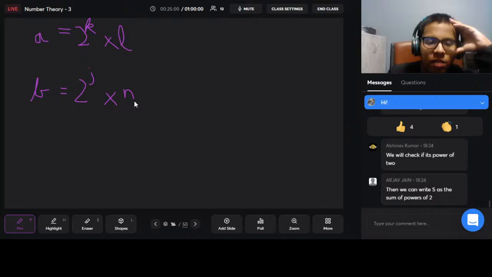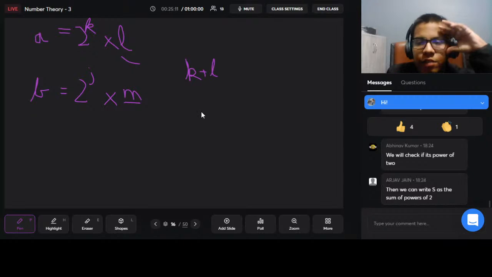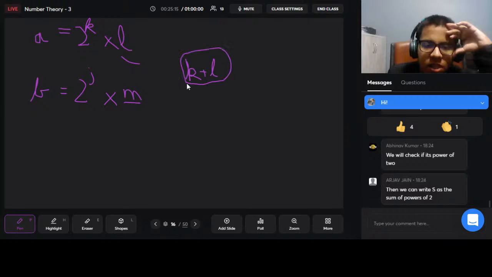So it will take us k plus j steps. That's what we claim. Can we show this? How do you show this? That if these are the numbers we start with, it will take us this many steps.